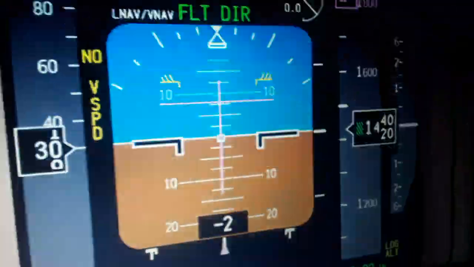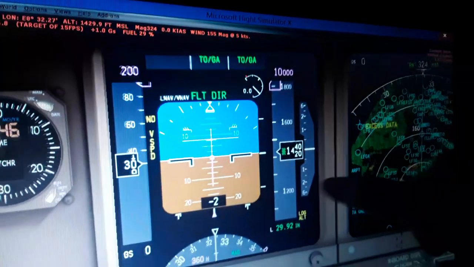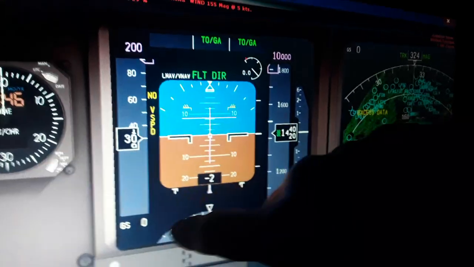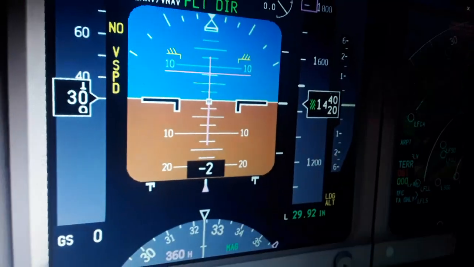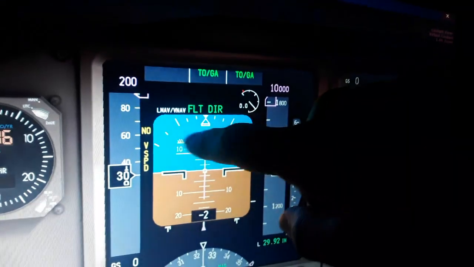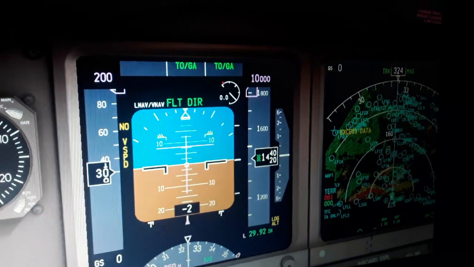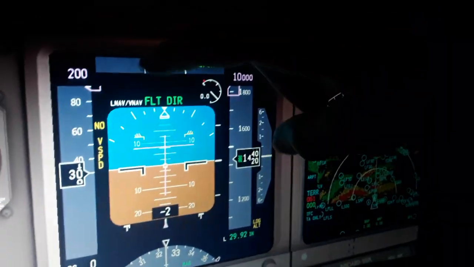So this is the speed tape, and this is the altitude tape, and this is the vertical speed tape. This is the heading tape for the situation indicator with the magnetic heading and track. This is the flight director crossbars. You can set the autopilot instead, and we have the takeoff go-around mode in the flight mode annunciator.